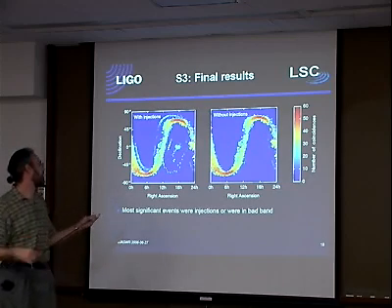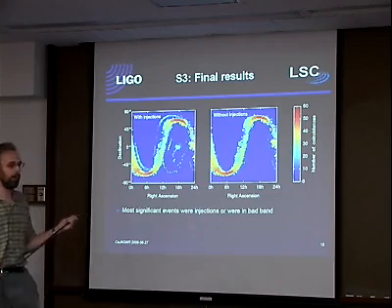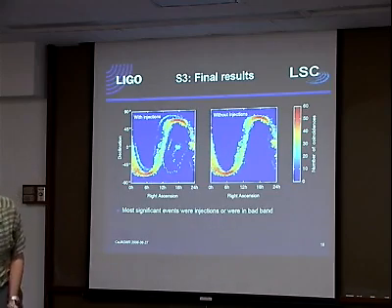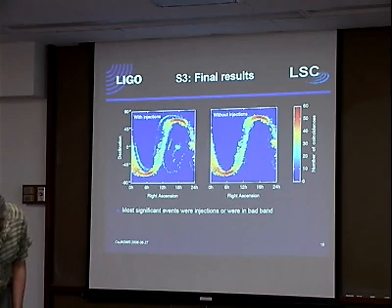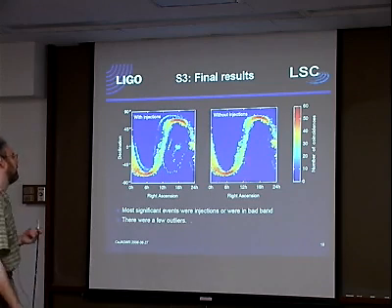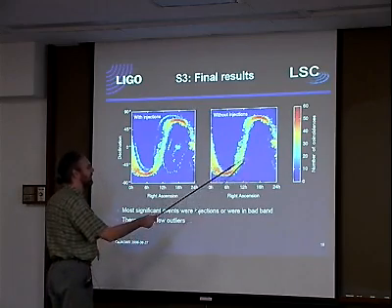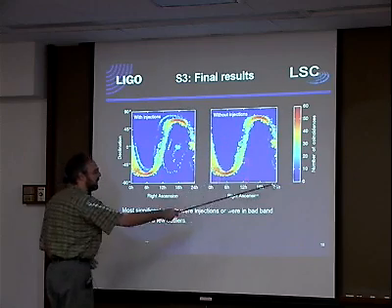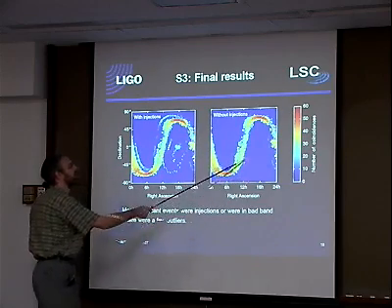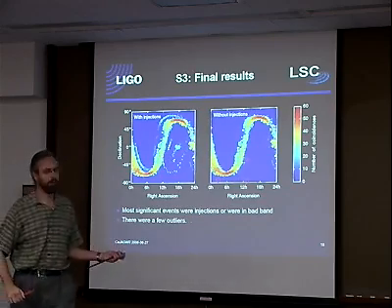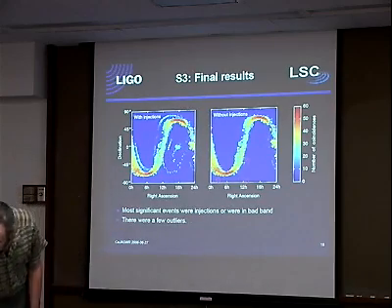And as I say, most of the significant events were either the injections that we put in or were in this particular bad band. There were a few outliers, not highly statistically significant, but still perhaps more than we would expect from Gaussian noise alone.